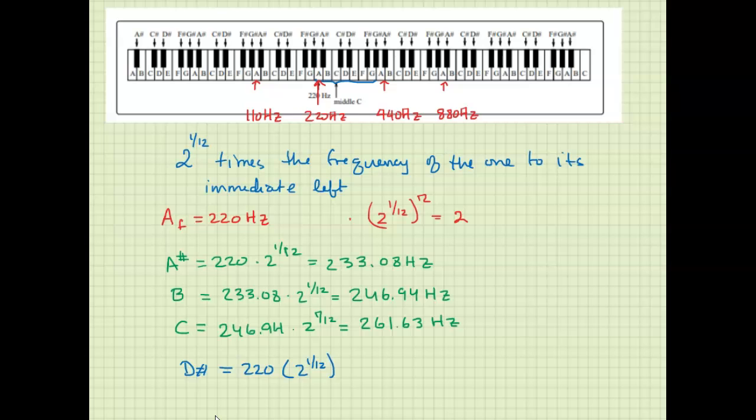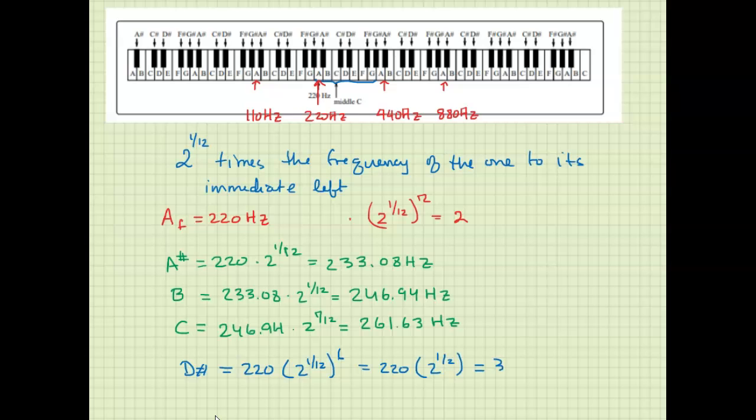So we have 1, 2, 3, 4, 5, 6. It's 6 away. So this is 220 times 2 to the 6 over 12, which is 1/2. So 220 times 2 to the 1/2.